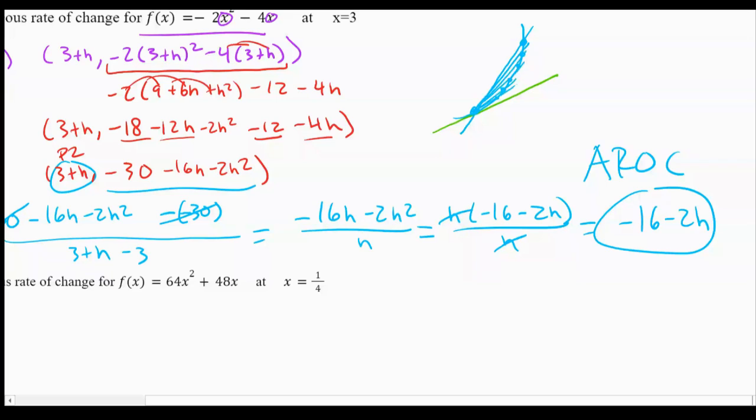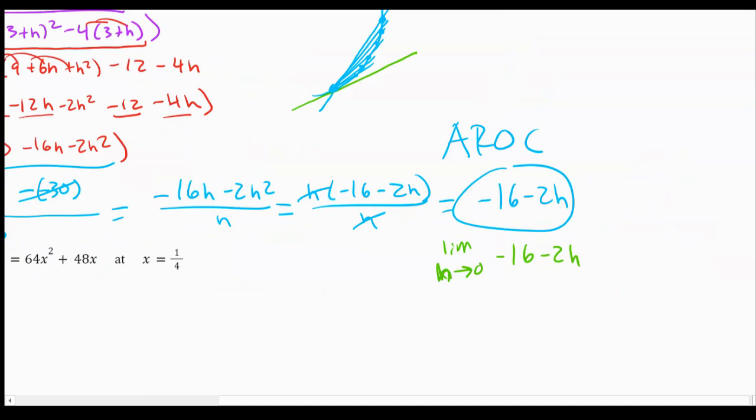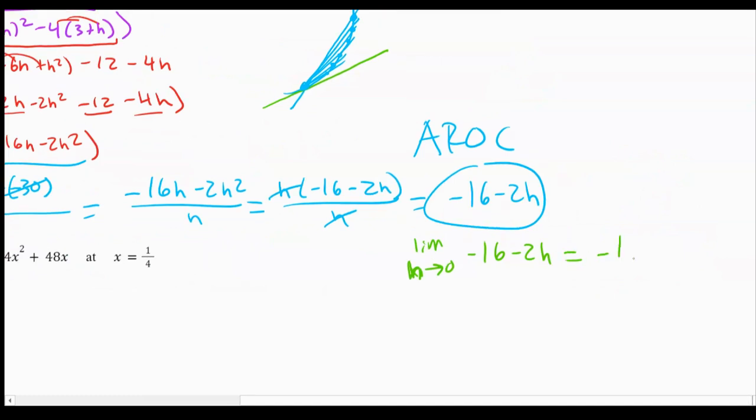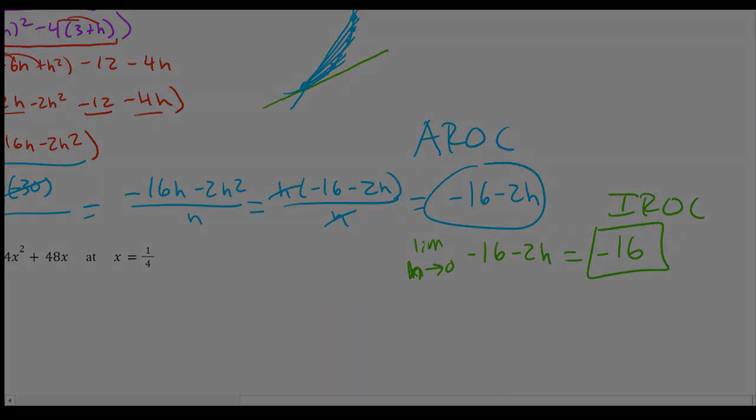So I am going to take the limit as h approaches 0 of this average rate of change equation. So I'm going to plug in 0, which gives me my instantaneous rate of change, which is negative 16. So this here is my IROC, or the slope of the tangent line.